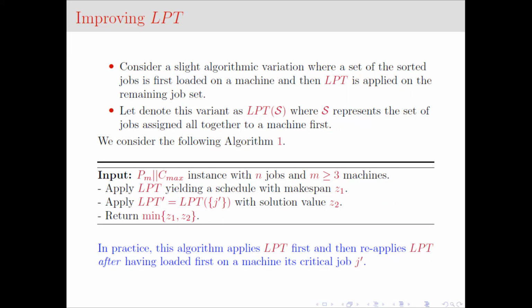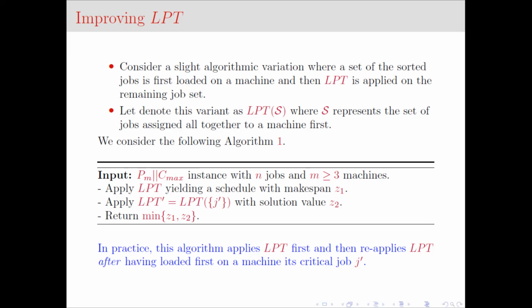So in this case, we say, okay, let us do something. And indeed, it is sufficient to use a very slight modification of LPT, which is the following. You run LPT and you get your solution. And also, you take out the smallest processing time job, you put it on a machine, and then you apply LPT.